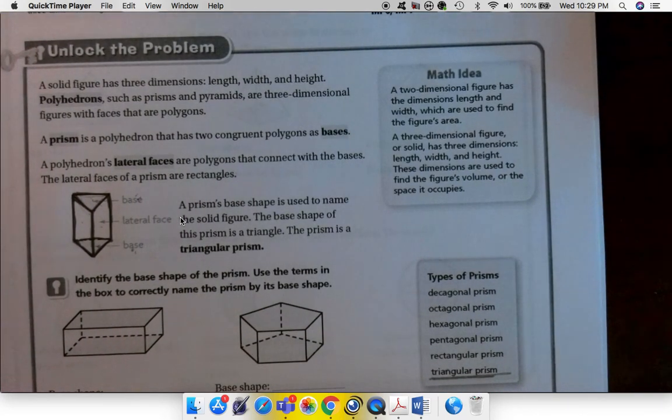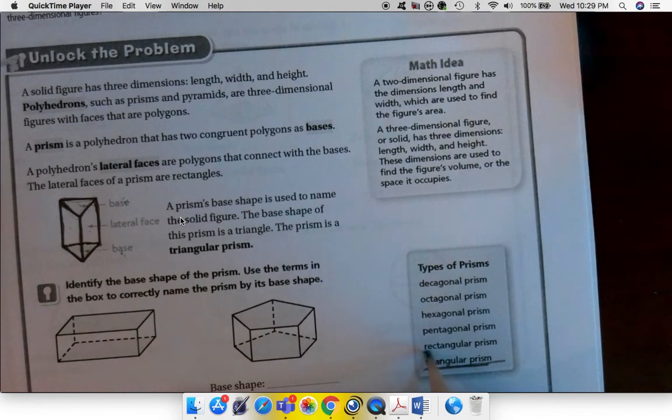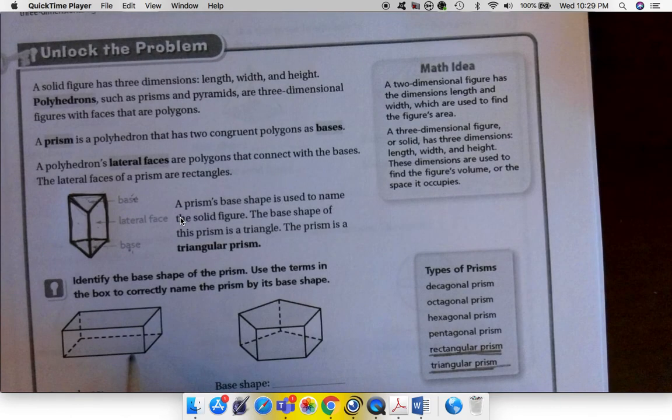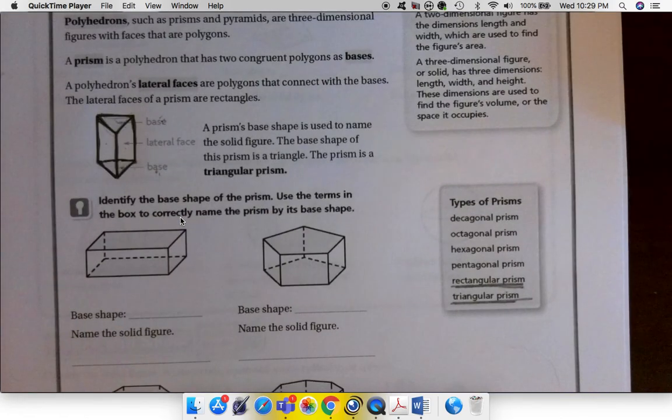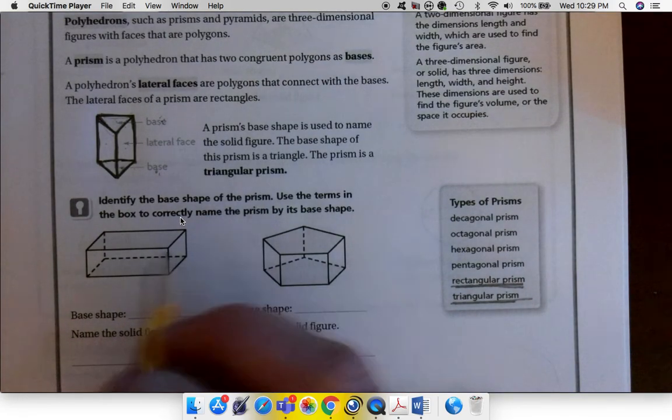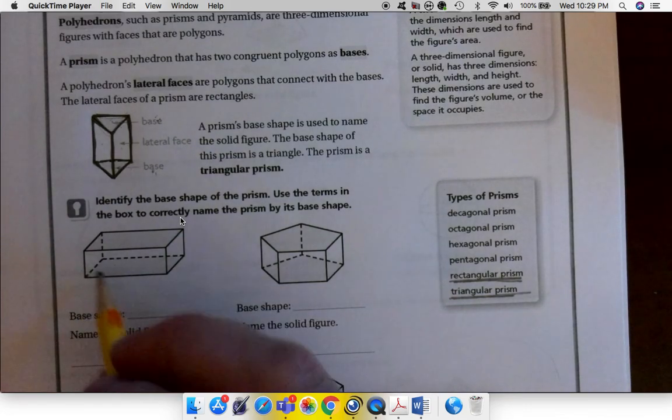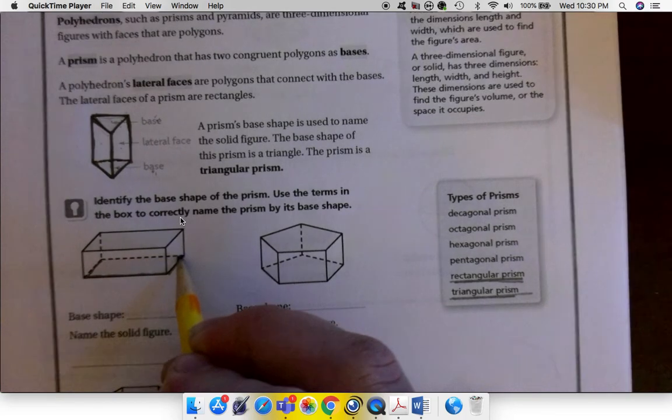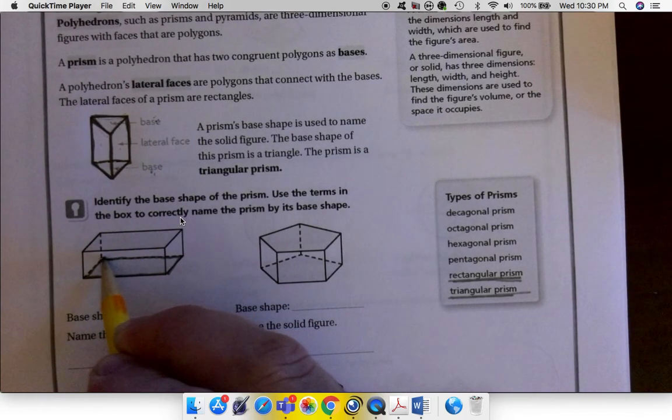Well, Mr. Litz, what if everything's a rectangle? My lateral faces are rectangles, my bases are rectangles. Okay, no problem. We have something called a rectangular prism. That's right here. If you look at the shapes, I have a big rectangle on my bottom here.